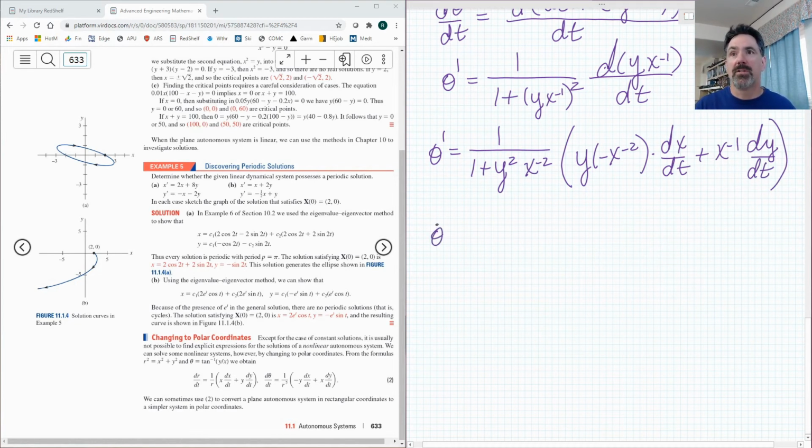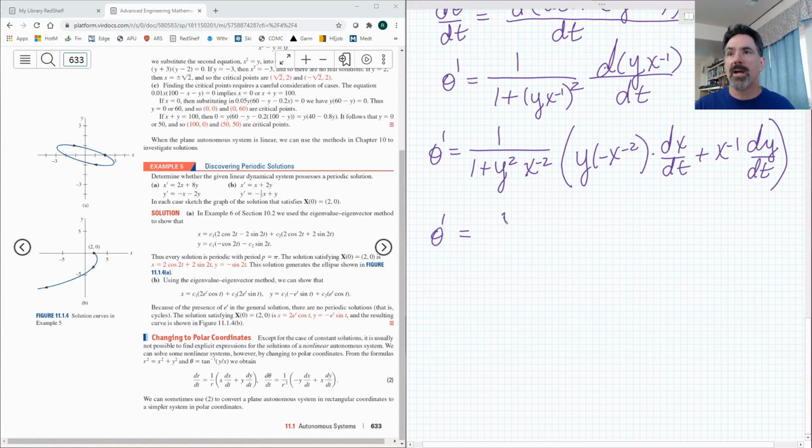Now what we're going to do to simplify and match what's in the text, we're going to recognize that what they do is multiply by x squared divided by x squared. So they're going to multiply this through in order to come up with the formulation they have in equation 2. I'm going to erase this off. I just wanted to show you that is what we're going to do.